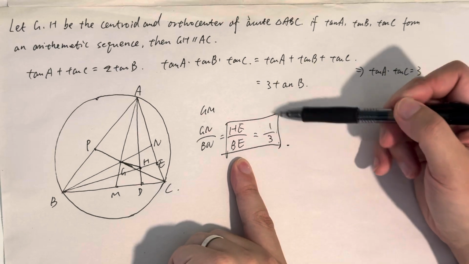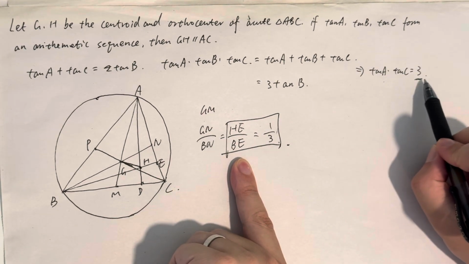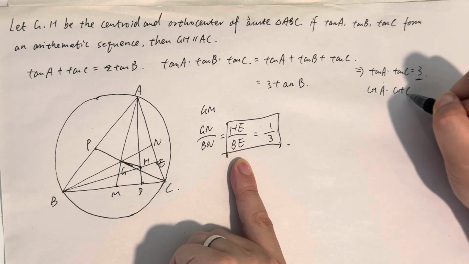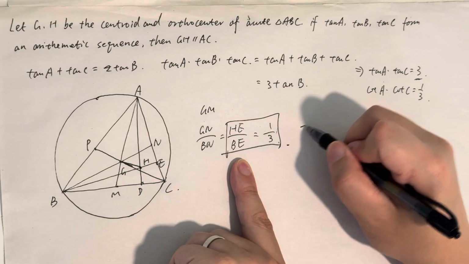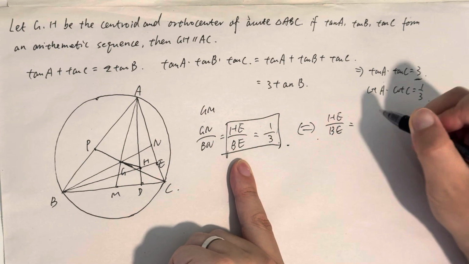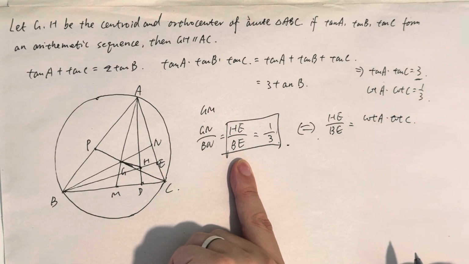We know that tangent A times tangent C equals 3, which means cotangent A times cotangent C equals 1 over 3, which means we just need to prove HE to BE equals cotangent A times cotangent C, right?